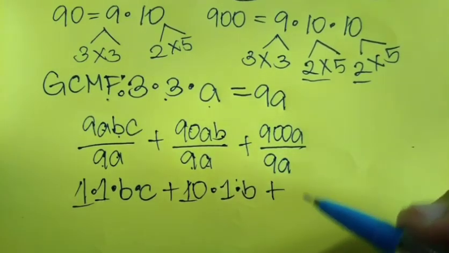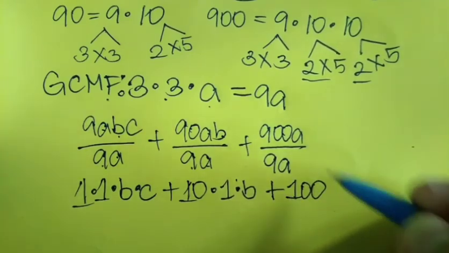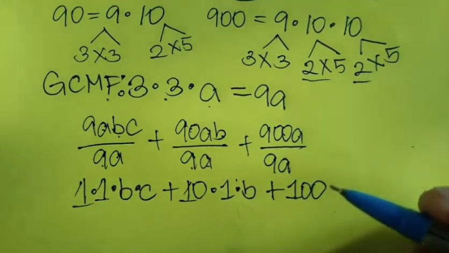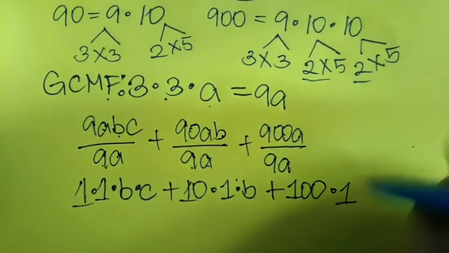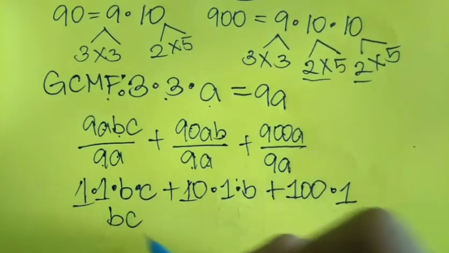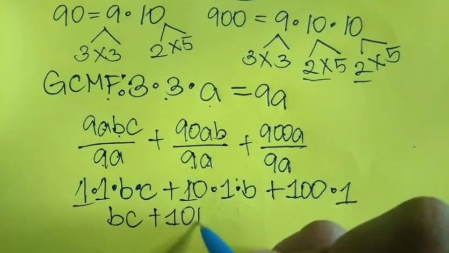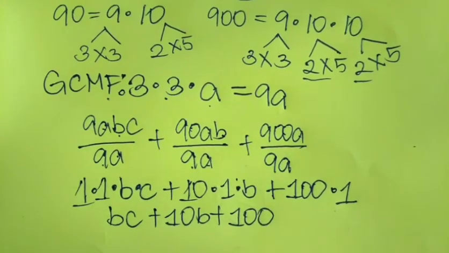Now, for the last term, 900 divided by 9 is 100. Then A divided by A is 1. Simplifying, we have BC plus 10B plus 100. This is the second factor.